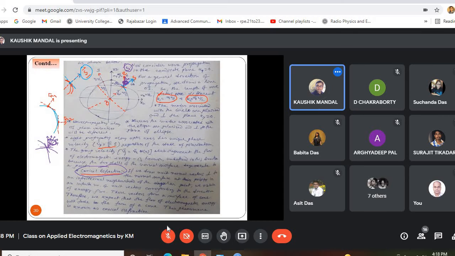Okay, next. It is better to cover the next two parts, which means only two phenomena. One is known as optical activity, another is known as Faraday rotation. Faraday rotation is basically a special type of optical activity.